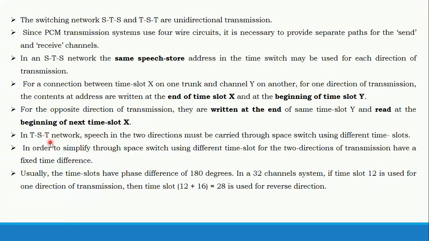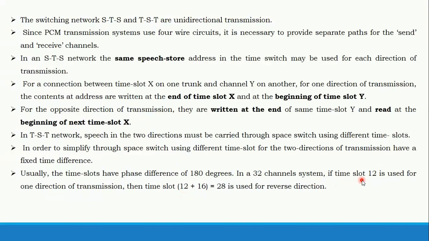Then similarly you have TST. TST is very easy because you have different time slots to store, because you have a speech store and you have a connection store, and both will have a 180-degree phase shift. I hope you remember it uses 30 channels which consist of 32 time slots, and usually time slot 0 is used for frame alignment, and time slot 16 is used for signaling. Suppose one example is written here.